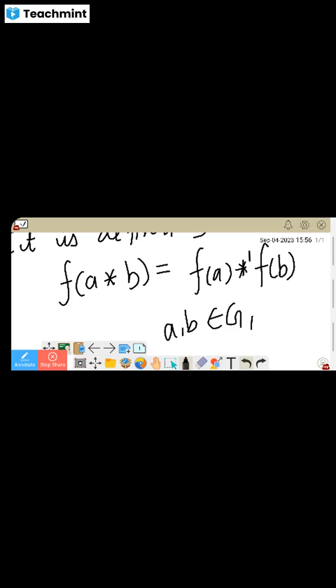Now let us understand kernel and image of homomorphism.